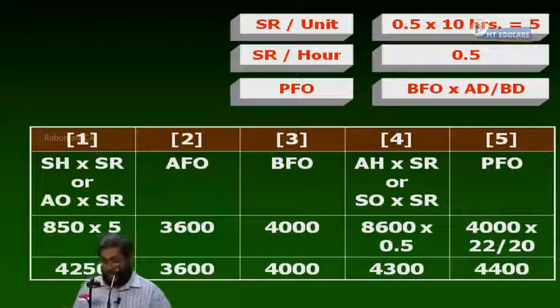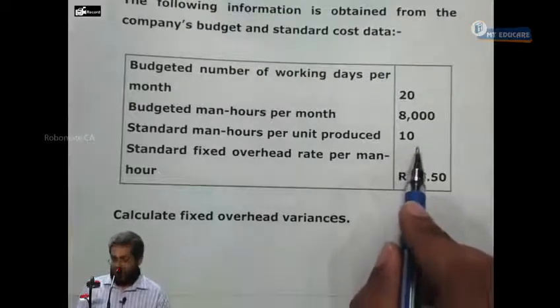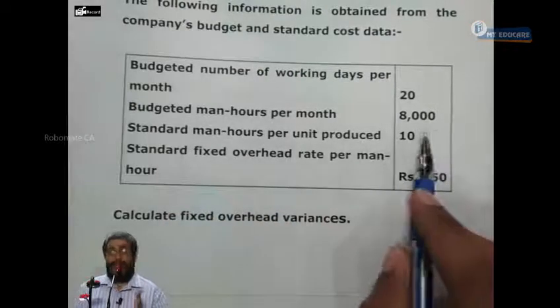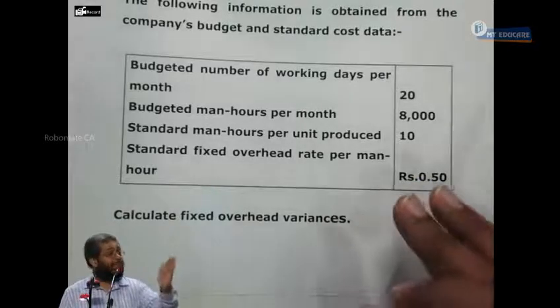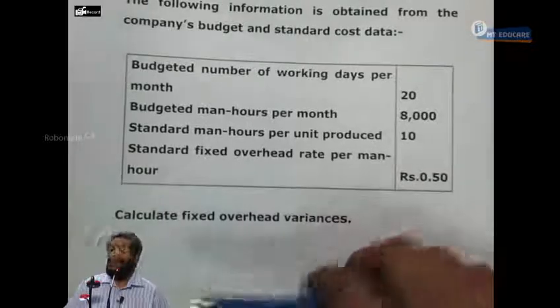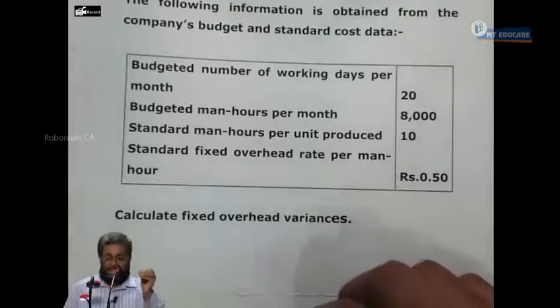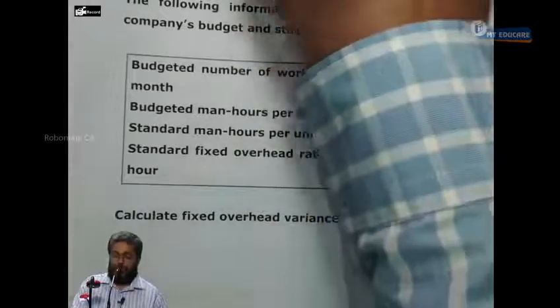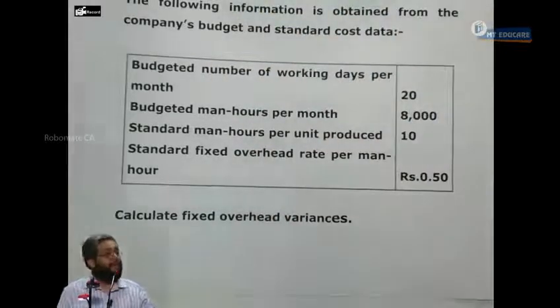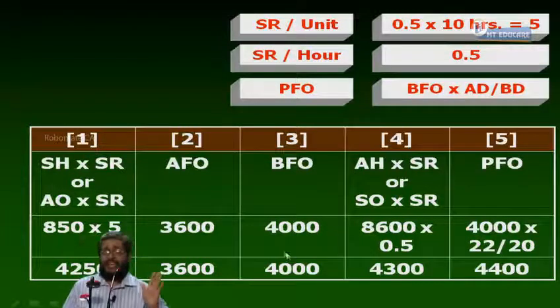I plan to work 8,000 hours, and my planned speed is 10 hours per unit. That means as per budget, I plan to produce 800 units, and my budgeted fixed cost is 4,000. This is the third column, BFO, budgeted fixed cost. So this is understandable.